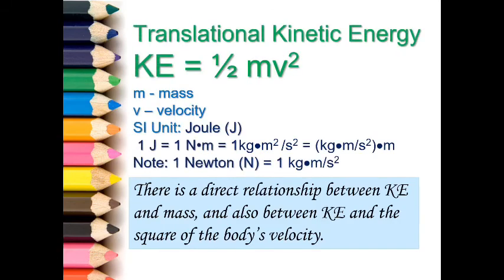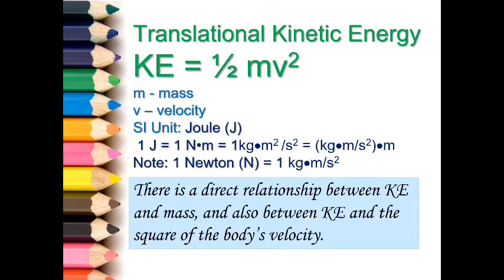Translational kinetic energy is equal to 1/2 times m v squared, where m is equal to mass and v is equal to velocity. The SI unit is joule. 1 joule is equal to 1 newton times meter, which is equal to 1 kilogram times meter squared per second squared, which is also equal to kilogram times meters per second squared times meter.